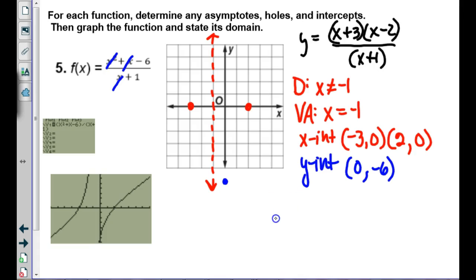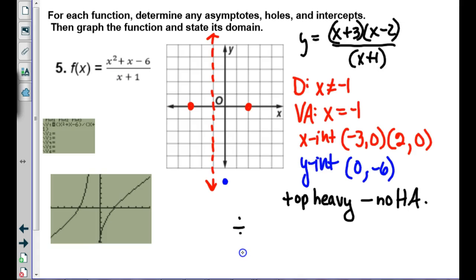All right, then all we're left with is end behavior, right? What's going on with end behavior? It's top heavy, and so it has no horizontal asymptote, but you don't get to stop there. You have to find the end behavior equation. And it says we have to divide ignoring the remainder, yes? So how do I do that?